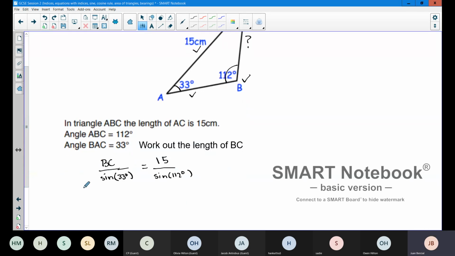Now, my recommendation for GCSE and A-level alike is to do the rearrangement first. So you go BC is equal to 15 sine of 33 over sine 112. So rearrange it first like this.